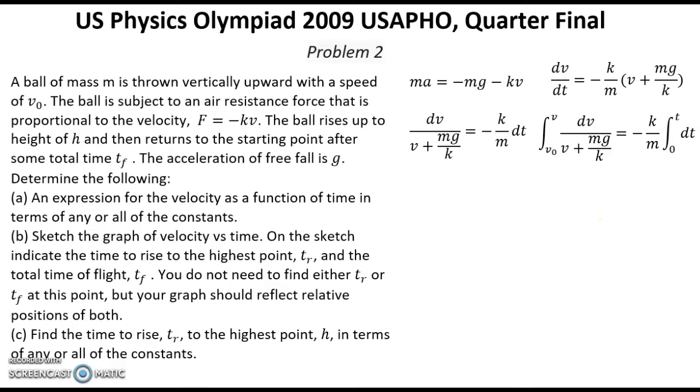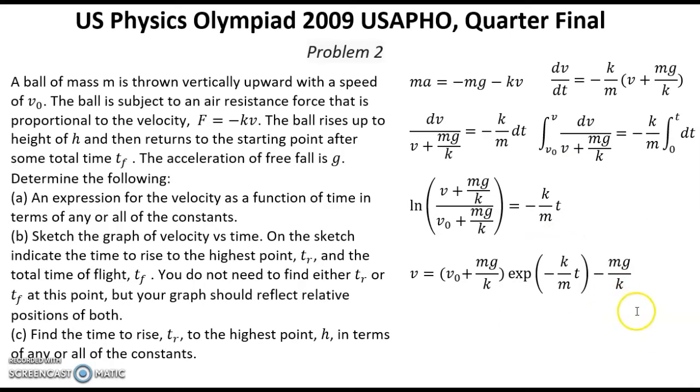So after integration we have this expression, or velocity equals this expression. Now let's check what we have here. When t goes to infinity, v goes to negative mg over k.